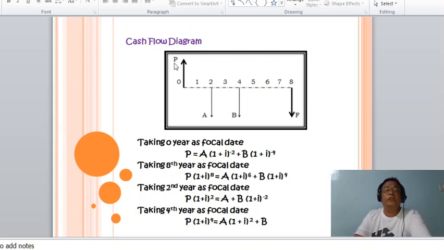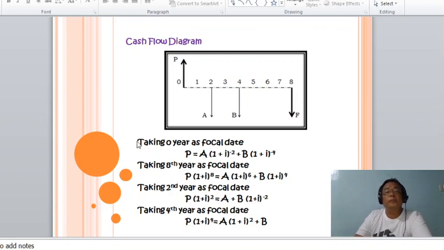The projected value of the present amount at the end of 8 years is P multiplied by (1+i) raised to 8, which is equal to A multiplied by (1+i) raised to 6, because from year 2 to the 8th year that is 6 years: 1, 2, 3, 4, 5, 6.